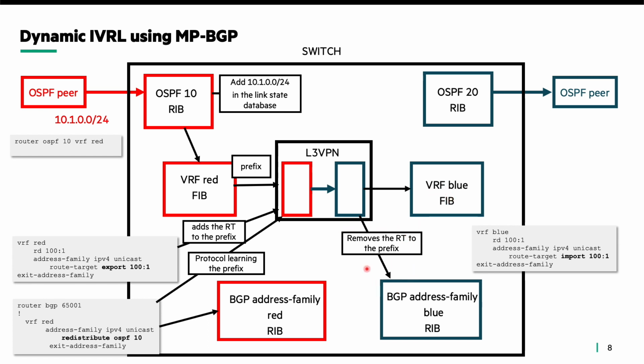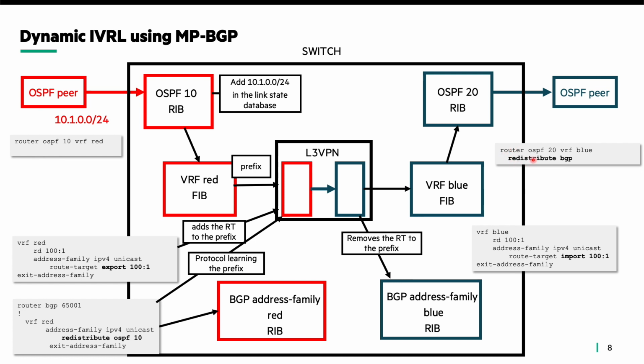And at this time, it is going to change in the future, the route target, which was 101:1, the prefix is advertised to BGP, so it's installed in the BGP address family, in the MPBGP table in the VRF blue.